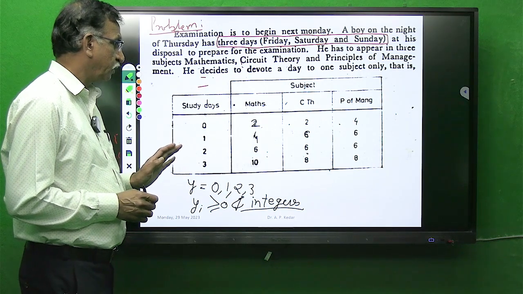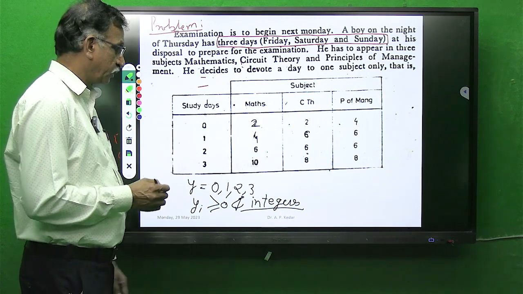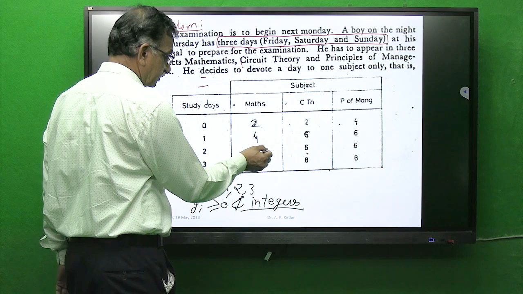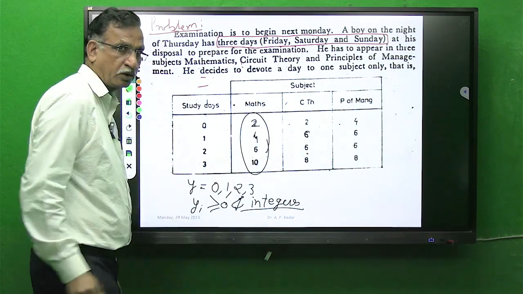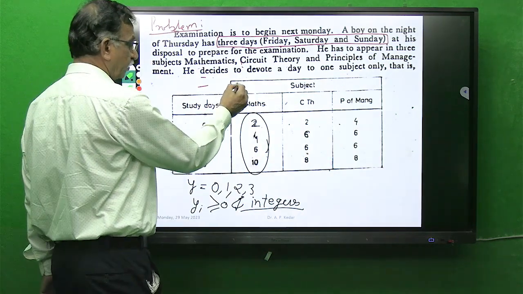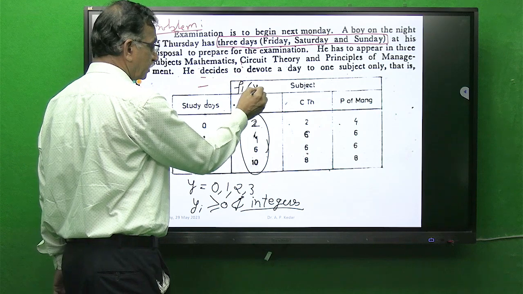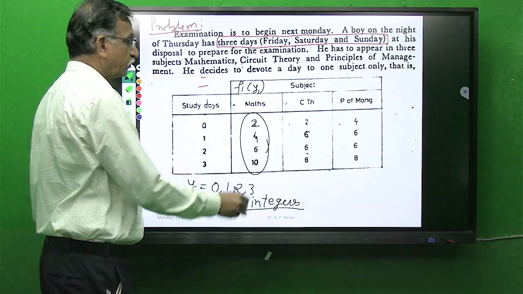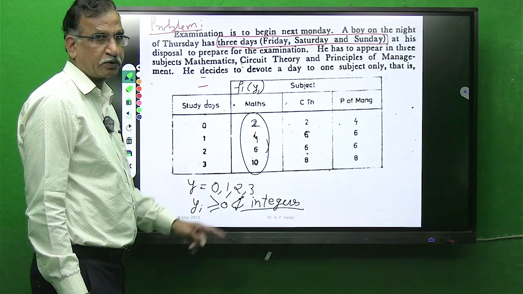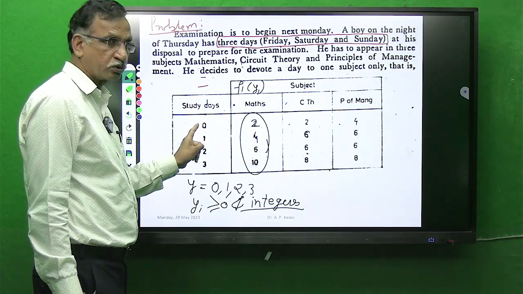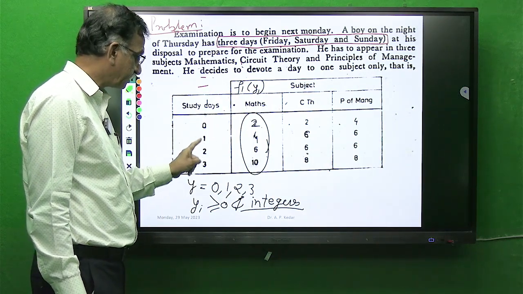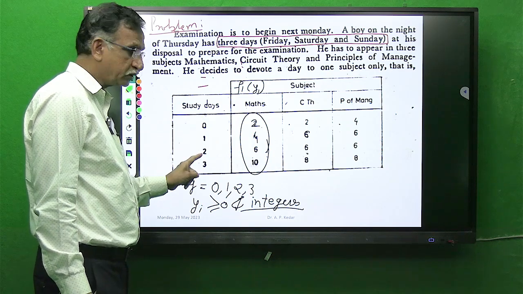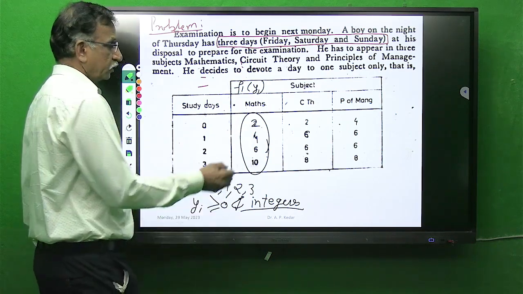Now, this first column represents the output which we will call f1 of y1, if he thinks only of maths. If he gives this much preparation days to maths, this will be the output.